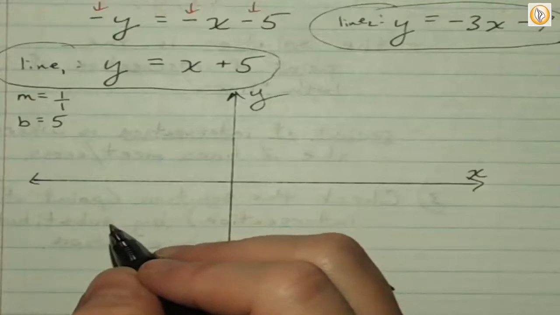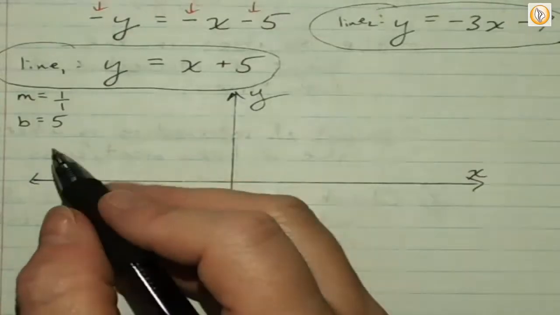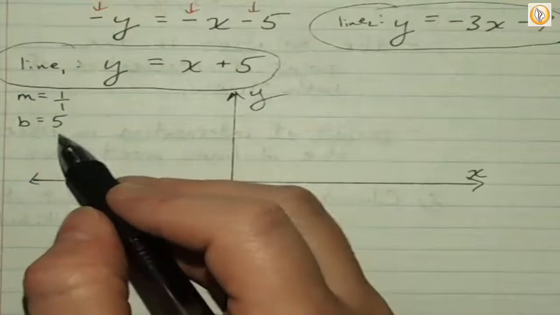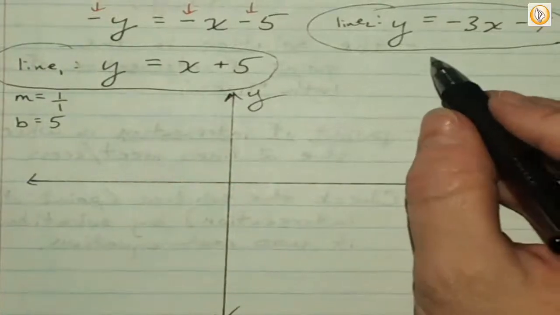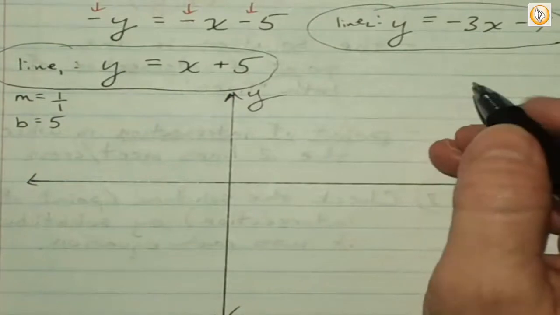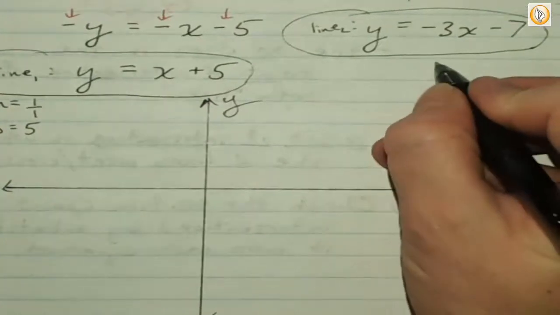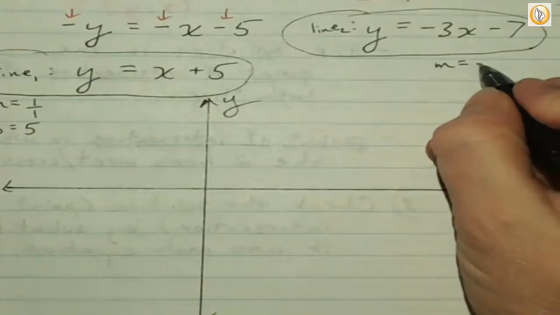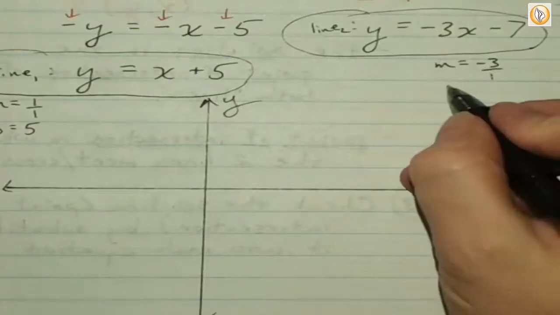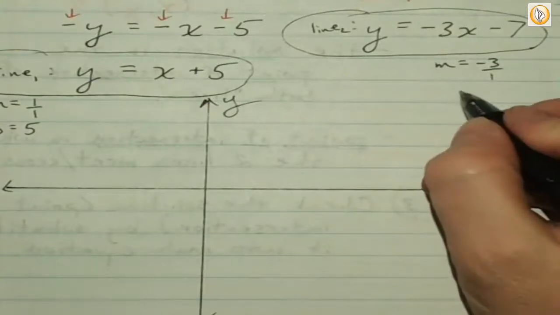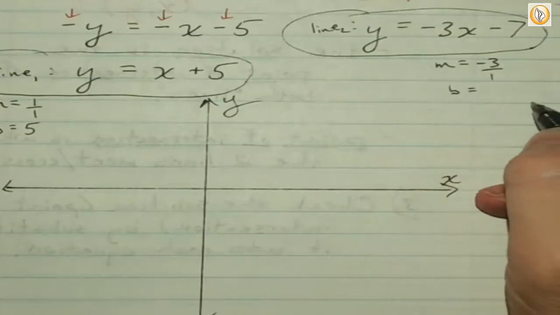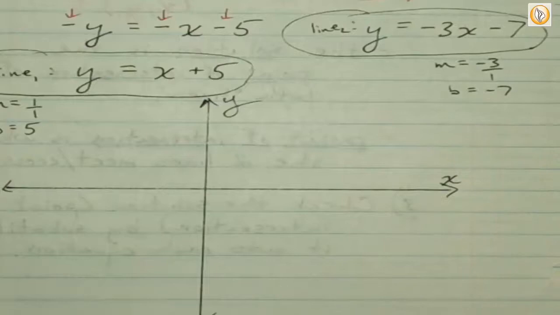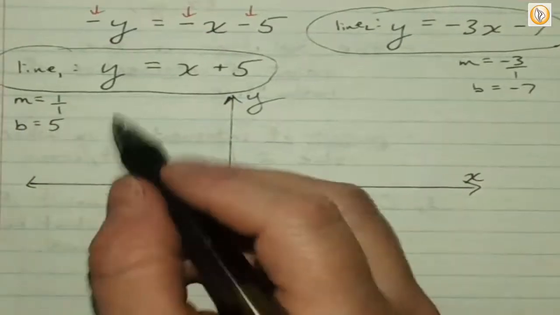Cecilia, what is the first thing I do for this? Do I do my slope or do I do my y-intercept? There you go. Okay, so for line 2, Aiden, what is my slope? Negative 3 over 1. And then our y-intercept is what? Negative 7. Very good.